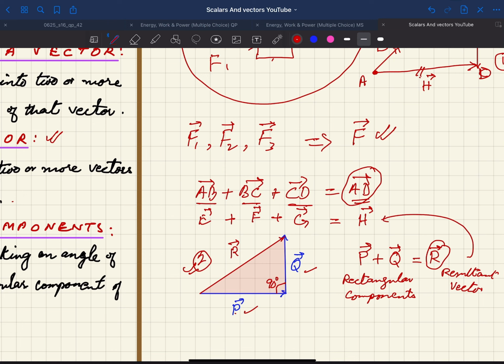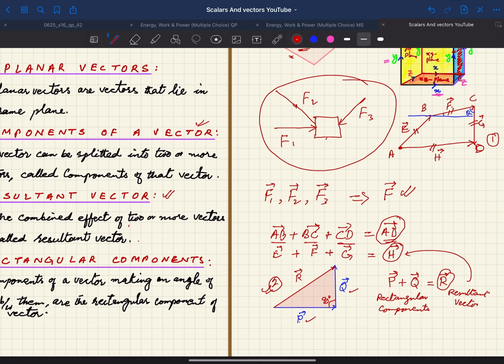Here you have H as the resultant vector, but what is the difference in components? Specifically, when components make an angle of 90 degrees between them, they are termed rectangular components.